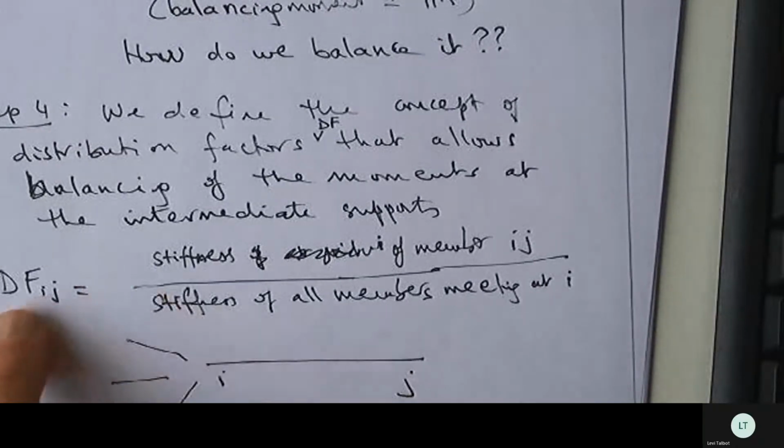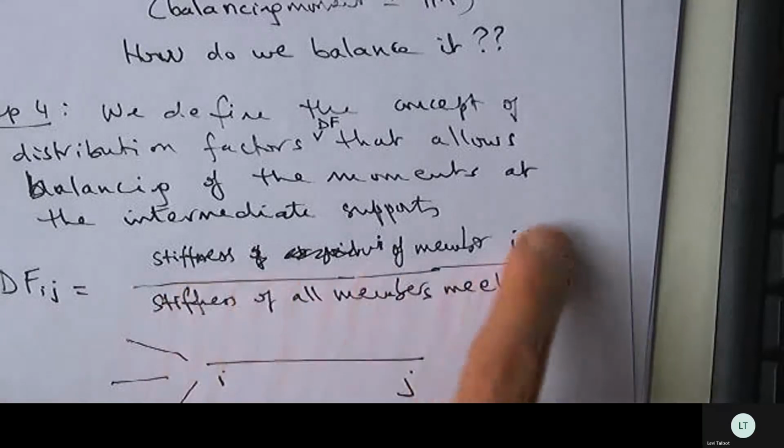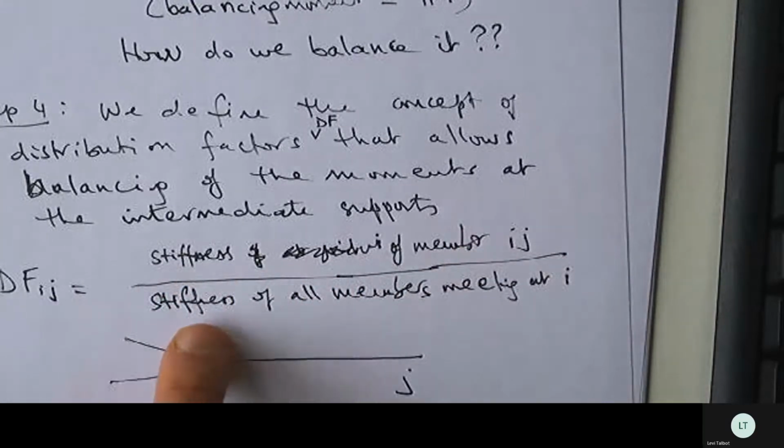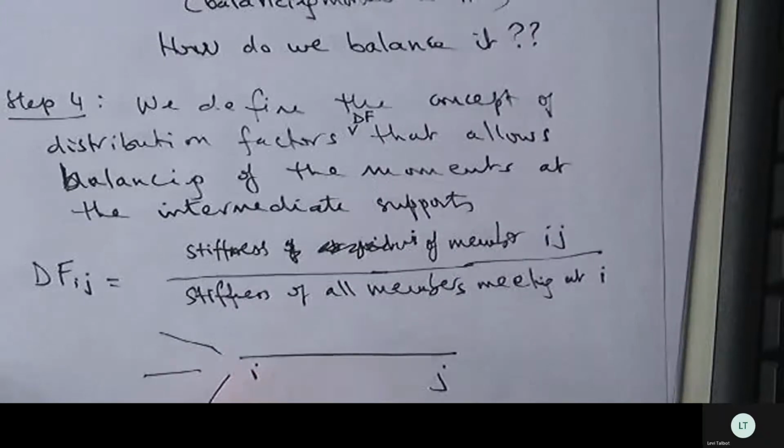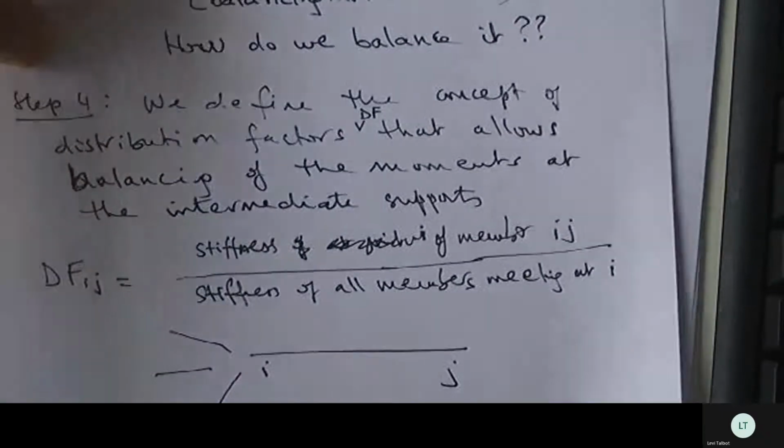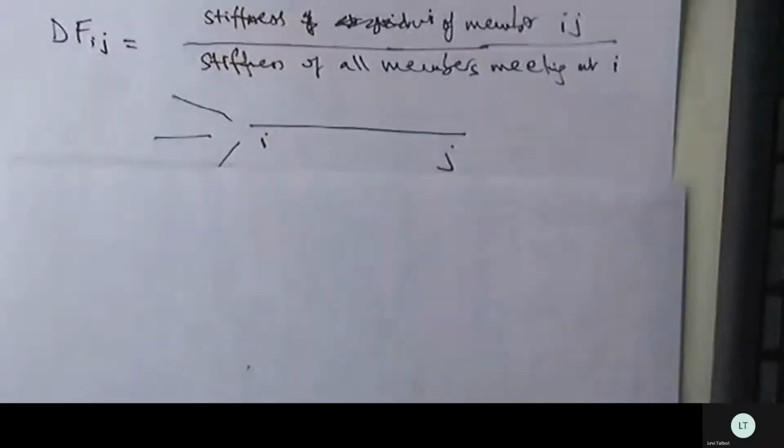So the stiffness for IJ will be the stiffness of member IJ divided by the stiffness of all members connected to joint I. You could have more than one member connected to joint I. Let's use it for this beam here.